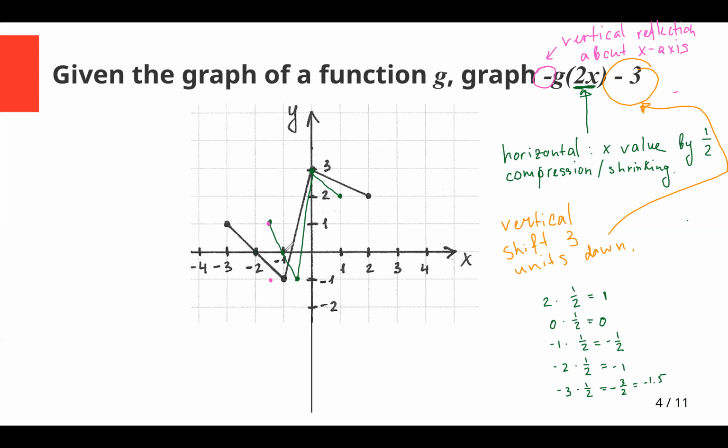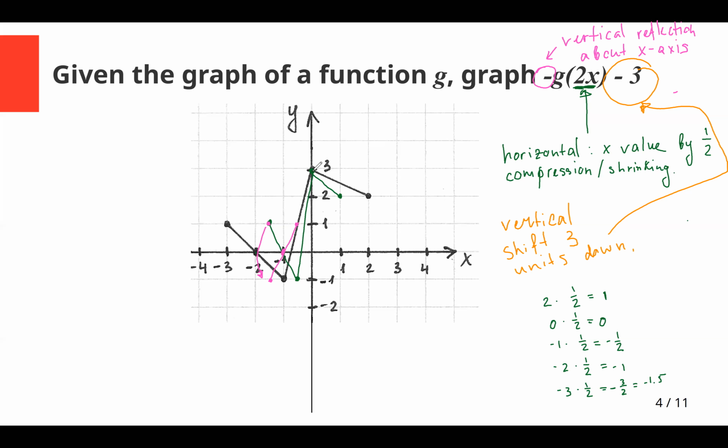Now, this point has the y value of 0. It will stay in place because 0 multiplied by negative 1 is 0. But this one will be flipped over here, right? So instead of negative 1, I'm getting 1, right? So this is how it went. This point went over here, and then the rest of them did the same thing.